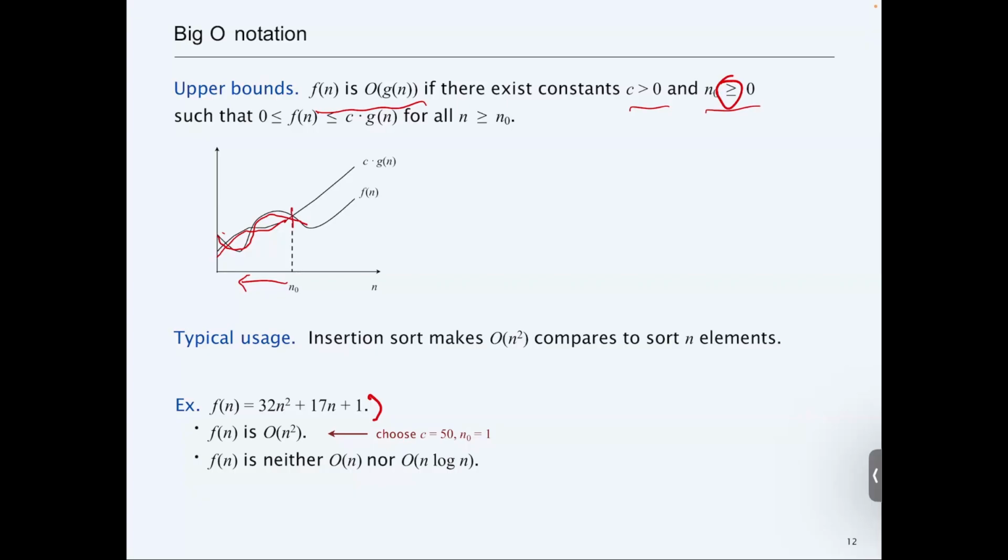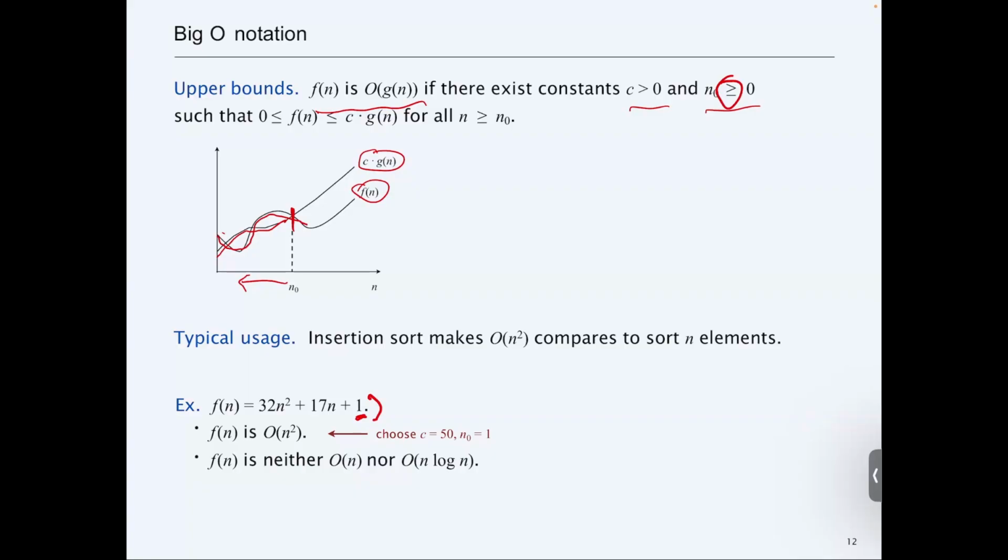So once you hit this n naught, then we can start saying something about how this function and this function relate to each other. The example that we see at the bottom here is 32n squared plus 17n plus 1. As n gets very, very large, the constant 1 becomes irrelevant. If you're looking at the growth of this function, the 1 doesn't really matter.